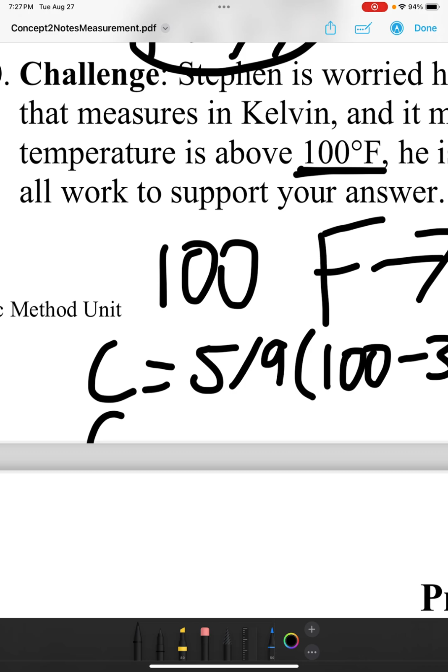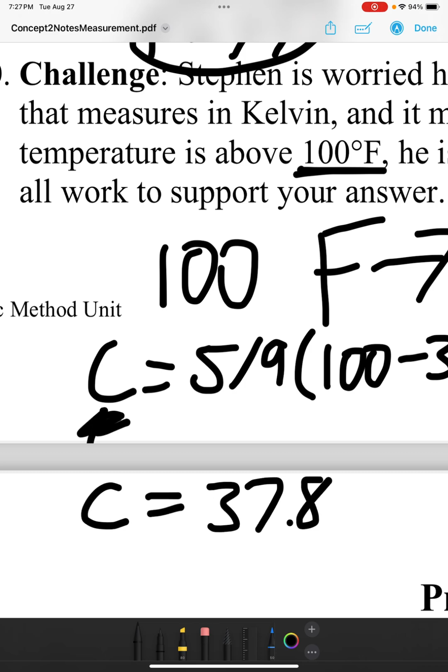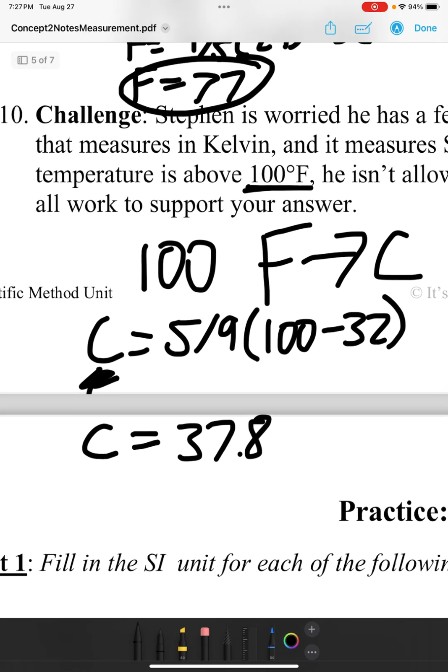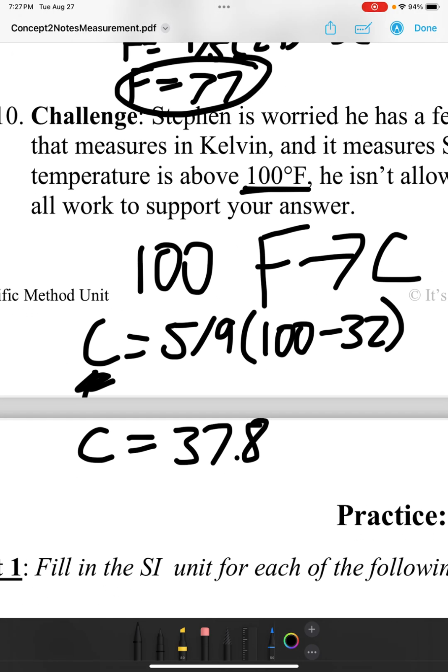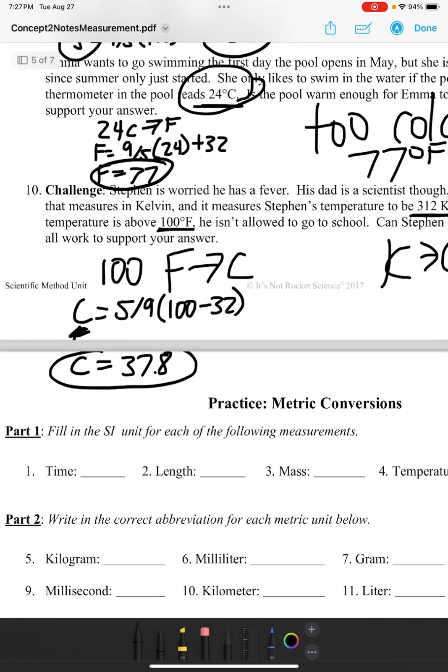So Celsius equals 37.8. That means 100 degrees Fahrenheit is the same as 37.8 degrees Celsius. Okay, so we've got that into Celsius.